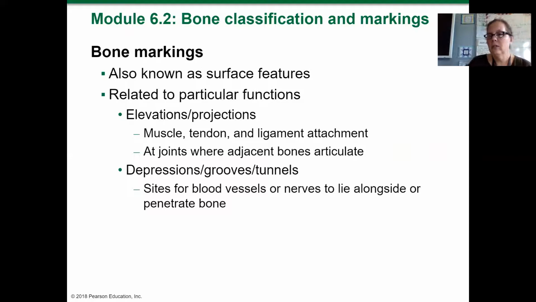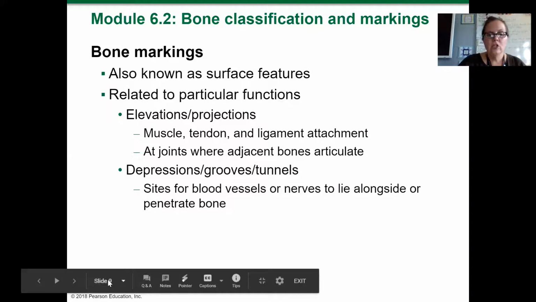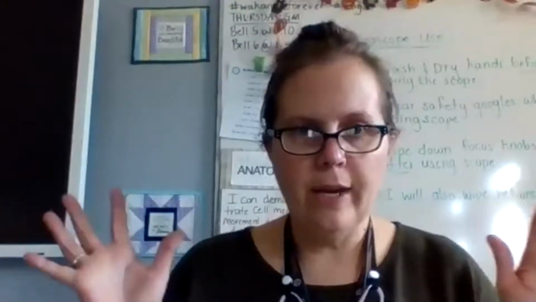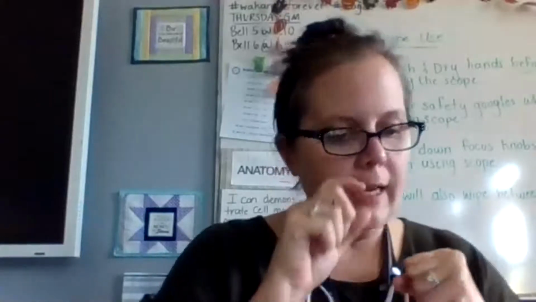So I'm going to pause here, and you'll see my face nice and big and bright. And I'm going to point out some of these features. Again, if you don't have your book, page 213 is where you should be. Okay, I think I've collected all the bones I need. Again, I'm on 213. These bone markings, these features, are there for a purpose.